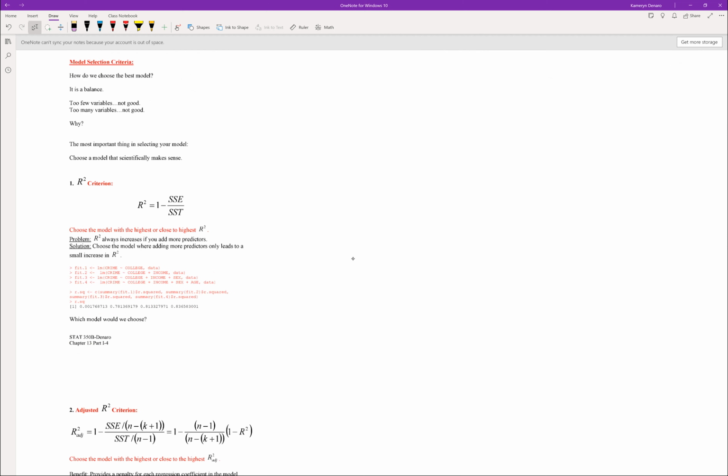And remember that r² ranges between 0 and 1, or 0 to 100%, right? Essentially, as you add more predictors into your model, your r² value is going to increase, because if you have more information, your model should be doing better at making predictions.